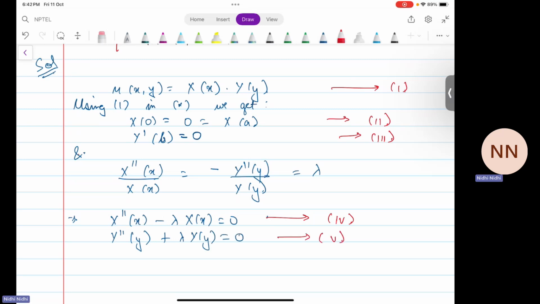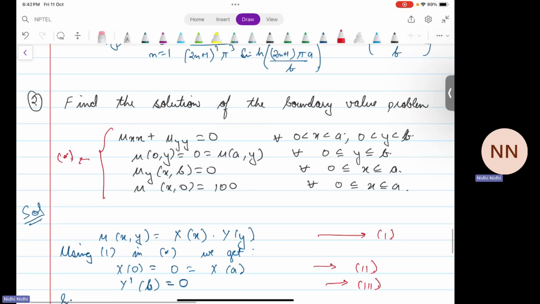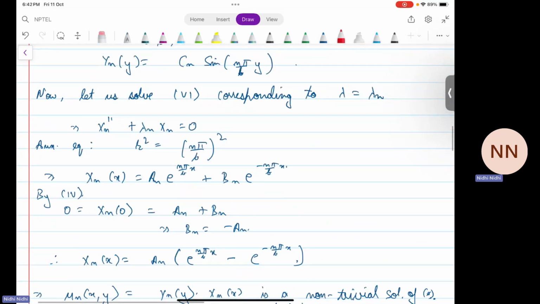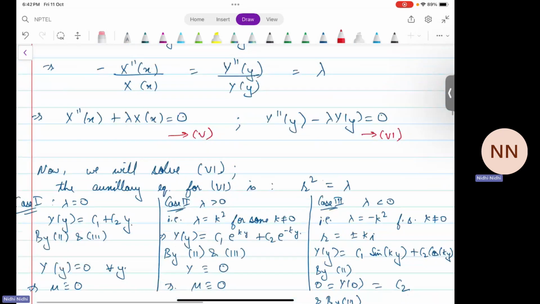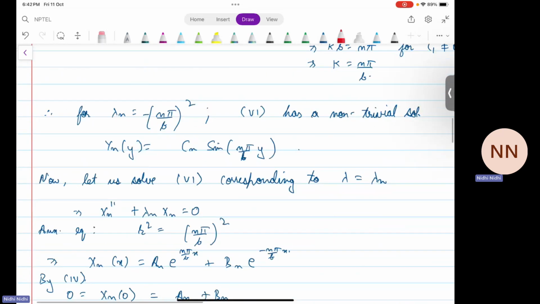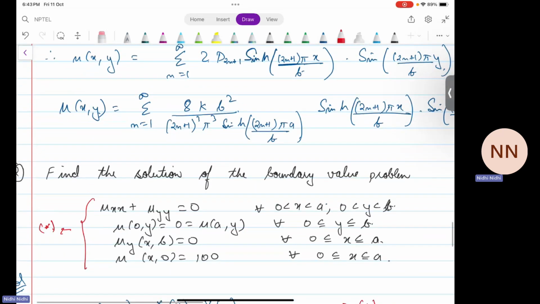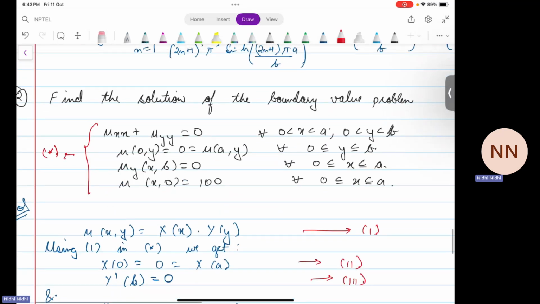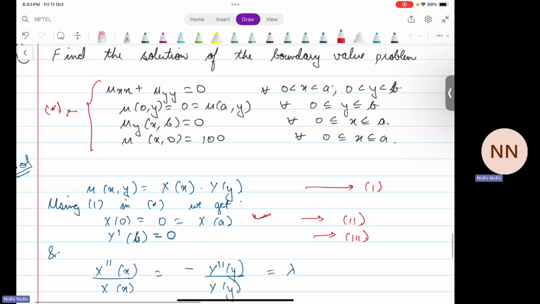So you might be wondering why we took this minus with y, whereas in the last question we took it with x. It is just because of the boundary conditions, because earlier we had these two equations corresponding to the function y, but this time we have these corresponding to the function x.